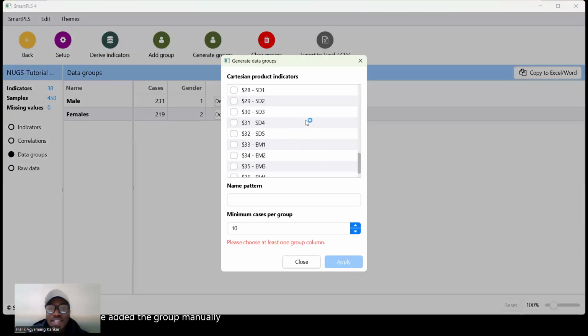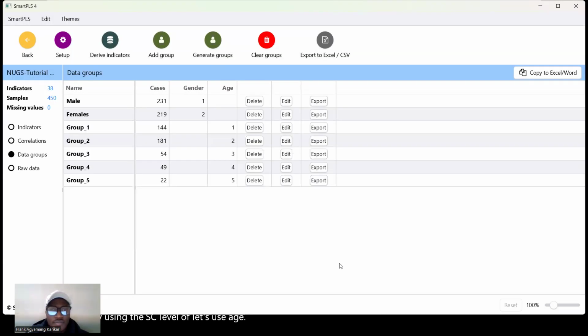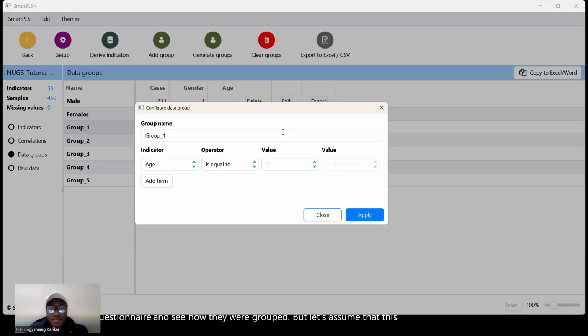You can also generate it automatically by using, let's say, age, and let's group there and see. It means that the ages were in about 5 groups, right? So I'll refer to the questionnaire and see how they were grouped. But let's assume that this is maybe 15 to 20 years. This is undergraduate, so let's say 15 to 18. So these people are group 1.